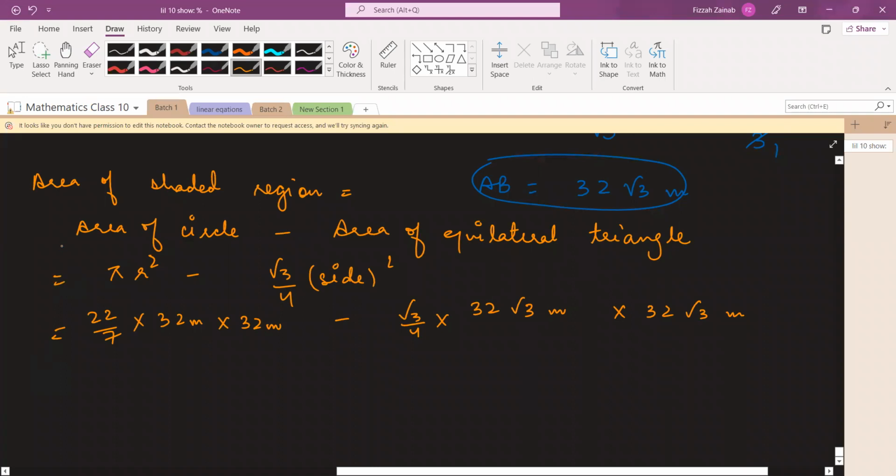Yeah, ma'am. So here you have to multiply because it's not divisible by 7. Now please quickly multiply the numerator.